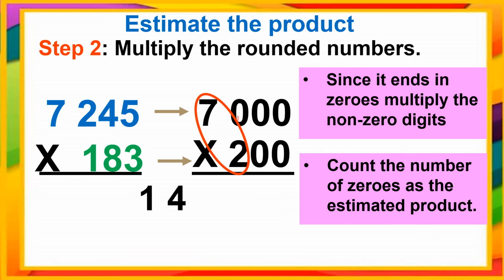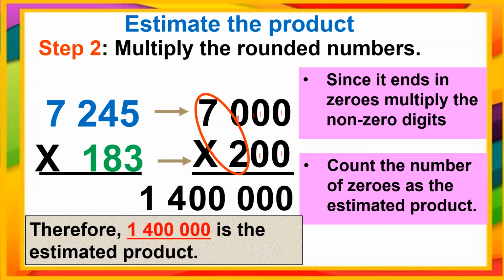So we have here 1, 2, 3, 4, 5. So we're going to write 5 zeros below. Therefore, the estimated product of 7,245 times 183 is equal to 1,400,000.